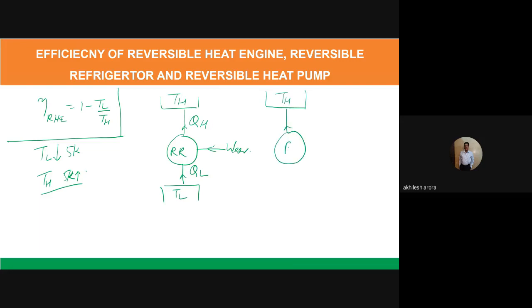I am only using R for denoting a normal refrigerator. So this is TL, this is QL, this is W here, and this is QH. In the case of a normal refrigerator, the COP is given by QL divided by QH minus QL. This is the COP of the refrigerator.